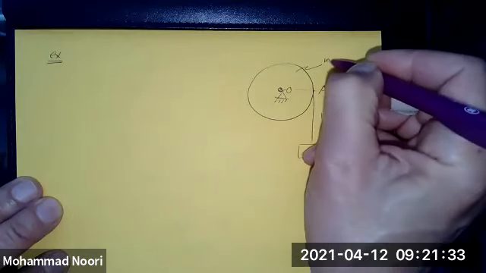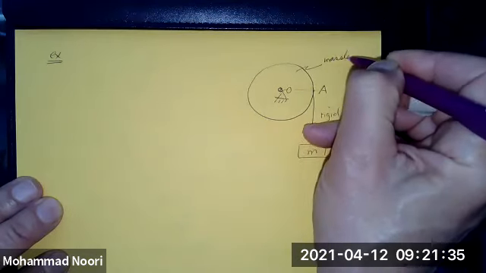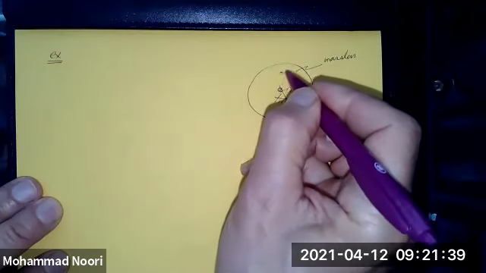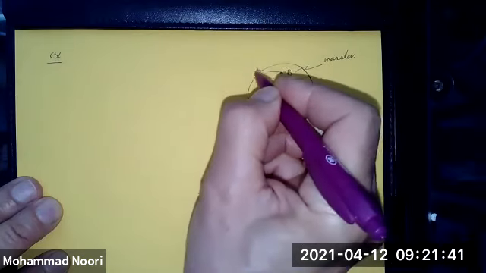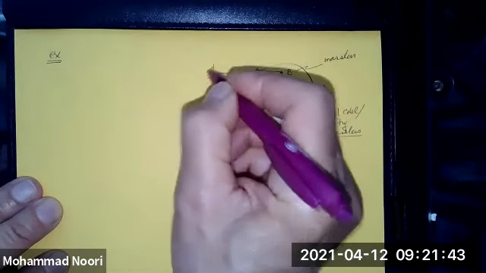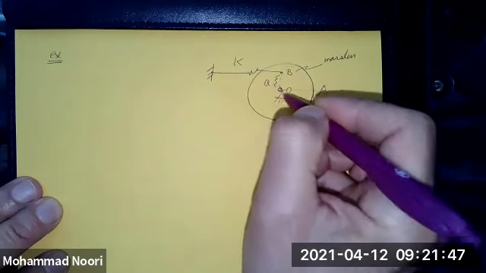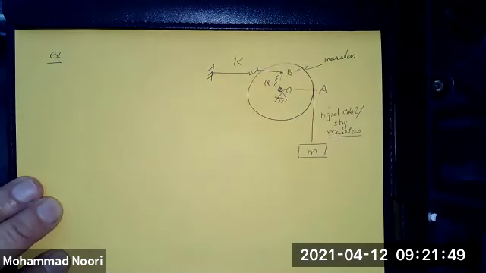Let's say this disk is massless, and you have at some point B a spring attached to this disk at a distance of a from the center of this disk.